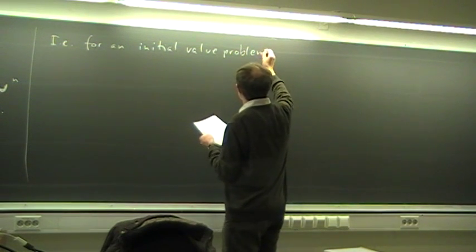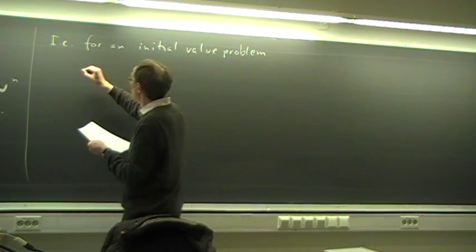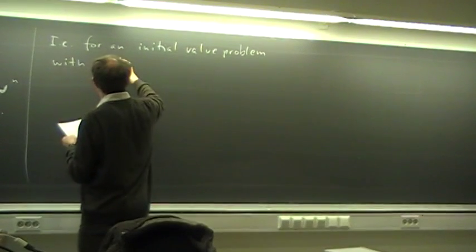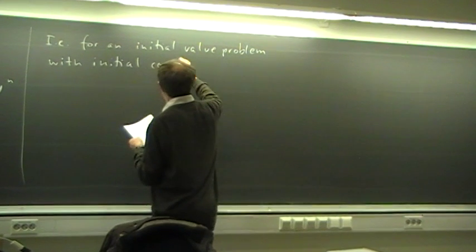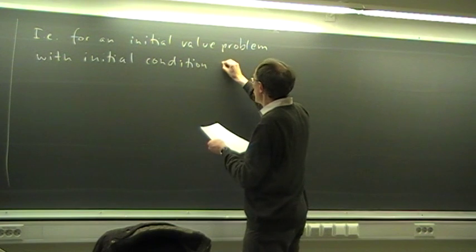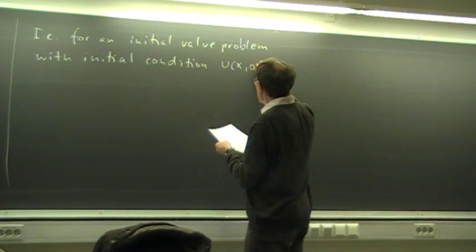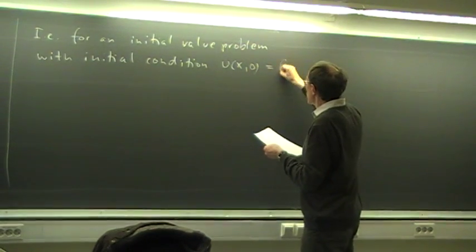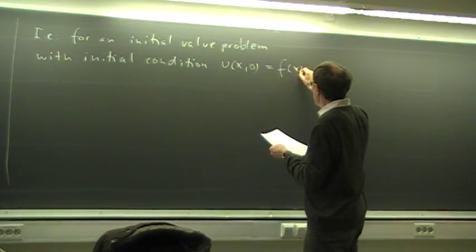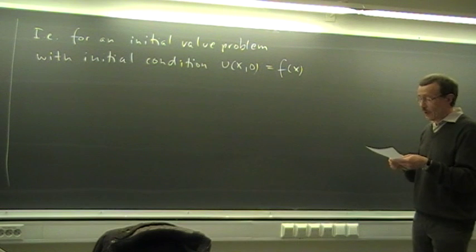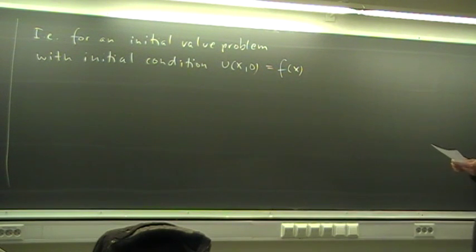That is a PDE with an initial condition. I'm going to write it in the way that we say u of x, 0, so this means time 0, is equal to some given function f of x. So the f is then our initial condition.